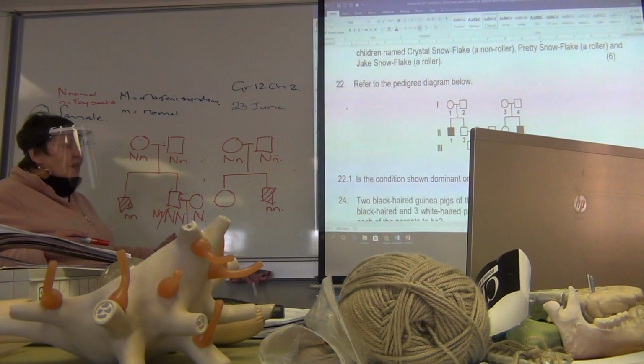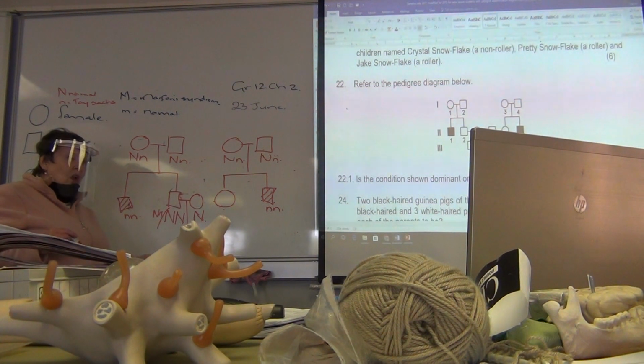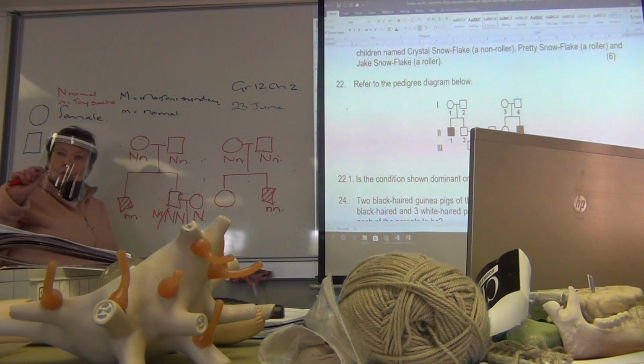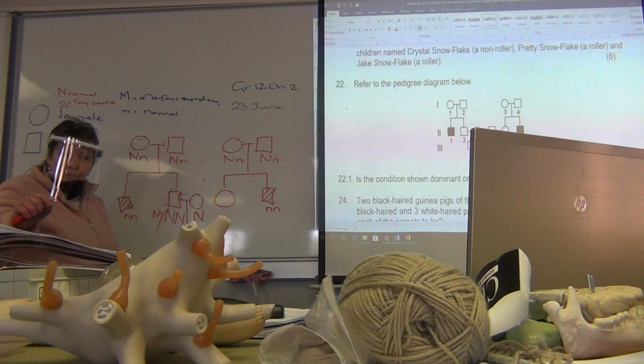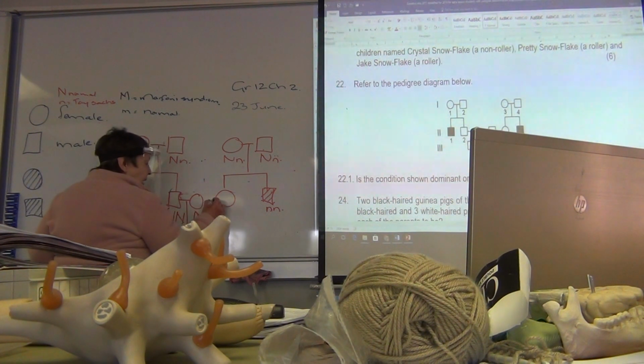And because they had so few children, this couple only had one child, that couple only had one child, there's no statistical definite answer. So if you look at the child here, okay, you've got one child.